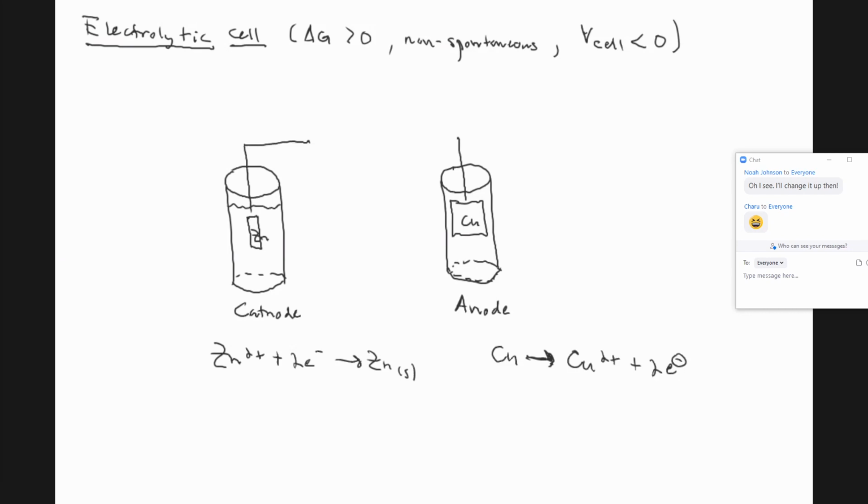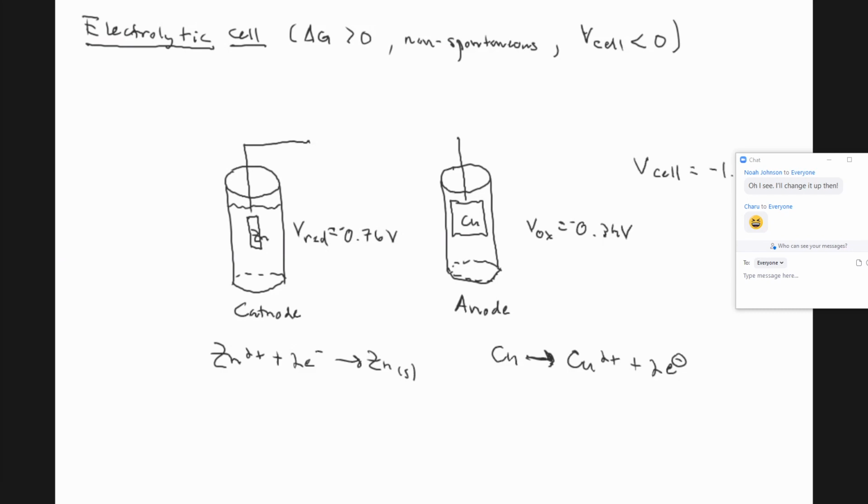But if we look at the electric potential of the cell, the electric potential of oxidation is negative 0.34 volts. And the potential of reduction here is negative 0.76 volts. So the voltage of the cell is negative 1.1 volts. So it's not favorable.